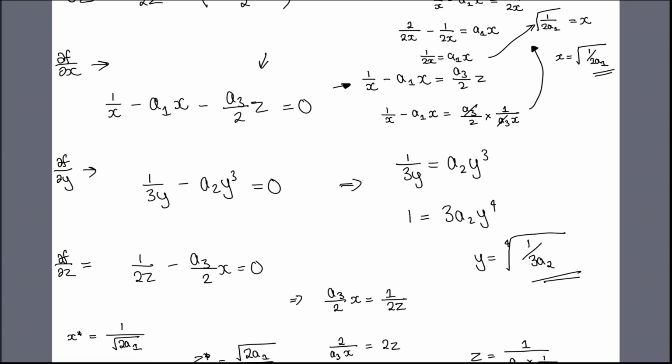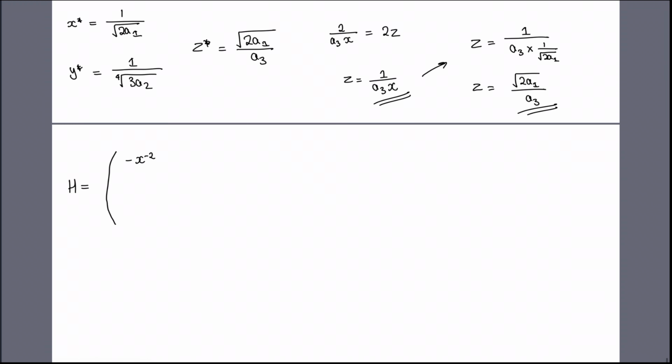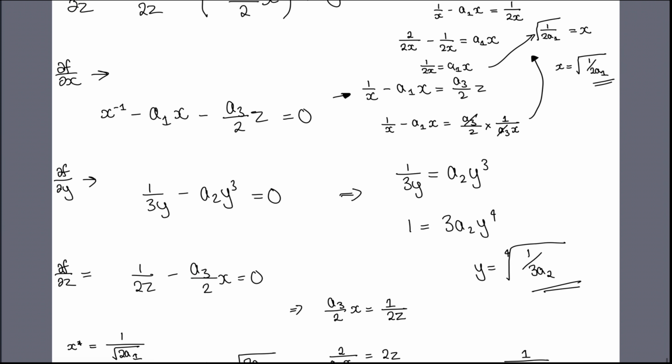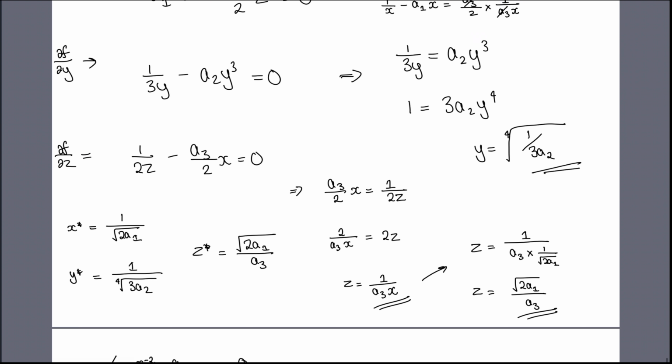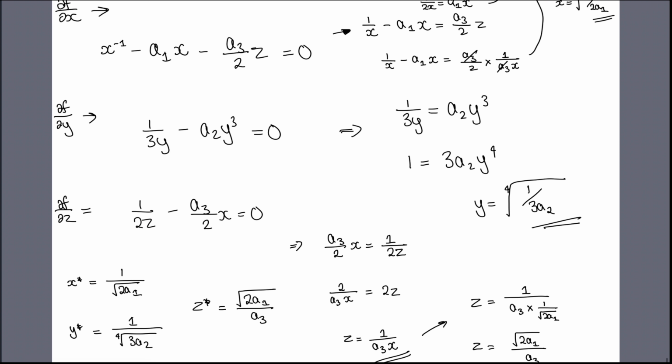So if we look at this, we can write this as x to the minus 1. If we differentiate this with respect to x, we get minus x to the minus 2 minus a1. Differentiating it with respect to y would just give us 0, and differentiating it with respect to z gives us minus a3 over 2. Differentiating this with respect to x gives us 0.